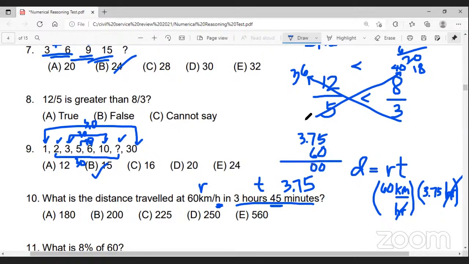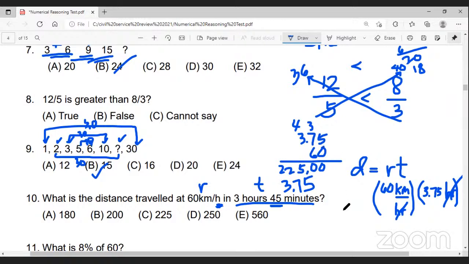It's 30. Then 42 plus 3, 45. 6 times 3, 18. And 2 plus 4, that is 22. With the 2 decimal places, so we have 225.